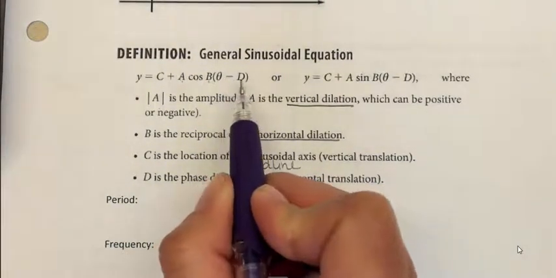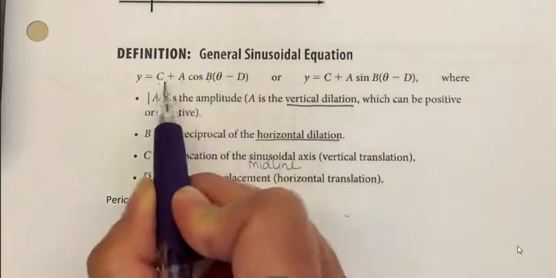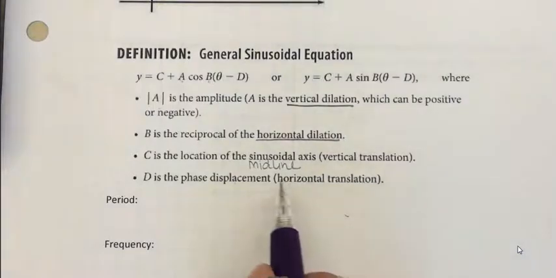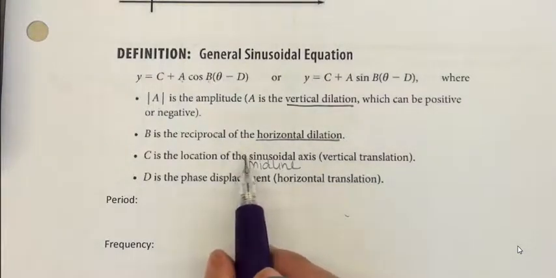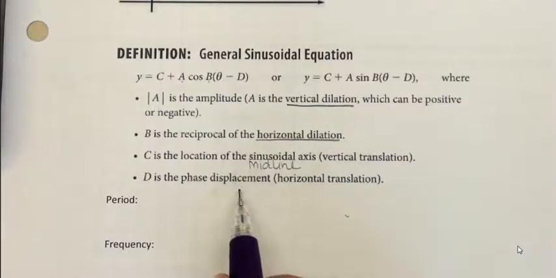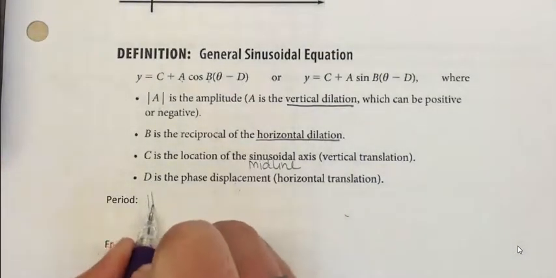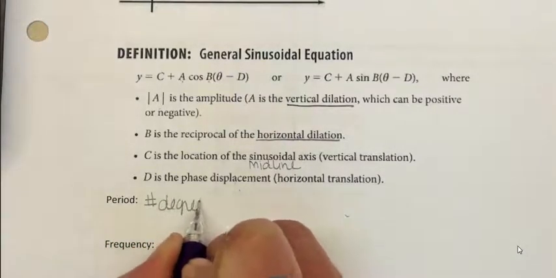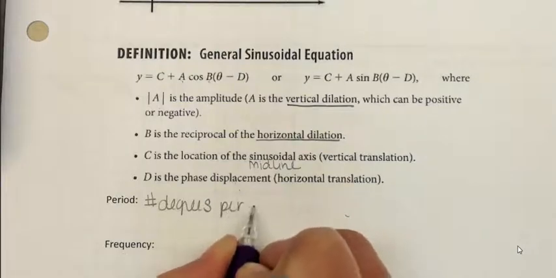So we've always called that the H, and we've always called the C the K. So if you need to write yourself a note: C is really K, and D is really H for us. All right, period is broadly defined as the number of degrees per cycle.